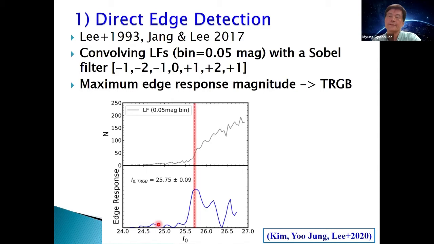This edge response is low here, then it shows a maximum around this area. The value is given here, 25.75 plus or minus 0.09. You can estimate the error of this using bootstrapping. So this is based on the direct edge detection, and this has been a very classical technique since I used it from 1993.